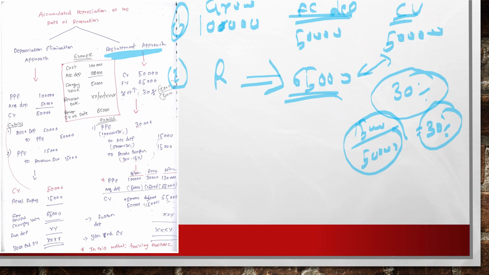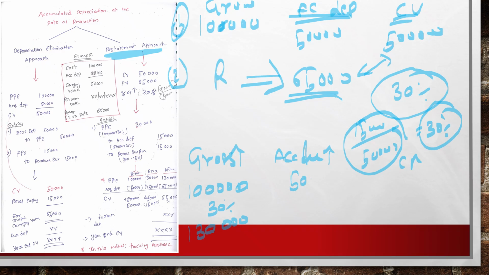Say suppose on the gross level also you will increase 30%, and at the accumulated depreciation level also you will increase 30%. Say suppose gross is 1 lakh, and after the revaluation it is increased 30%, so it will come to 1 lakh 30,000.